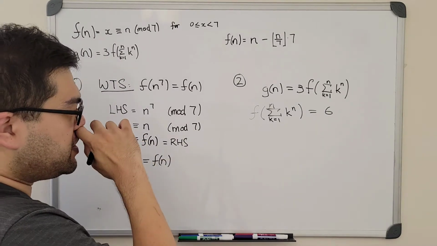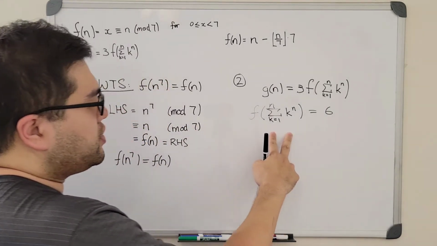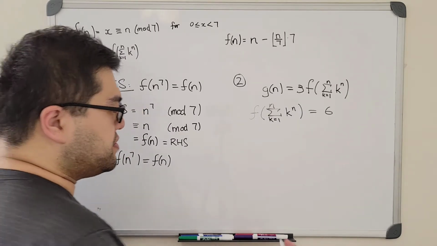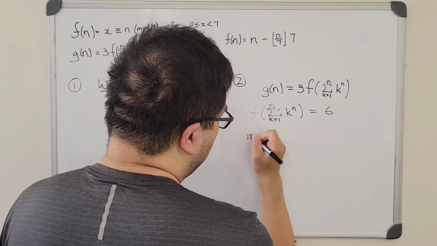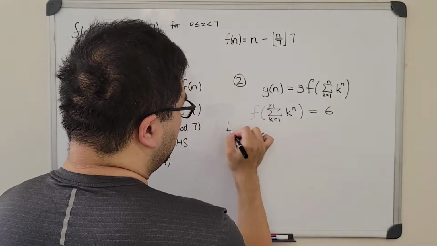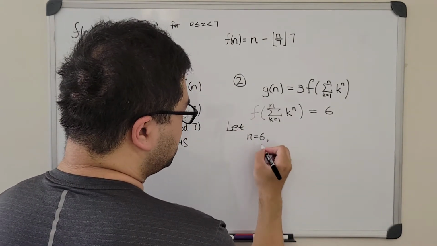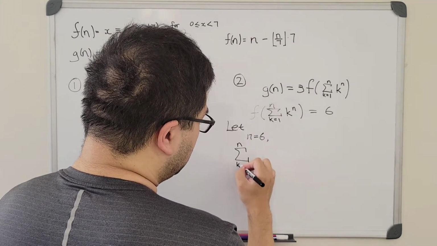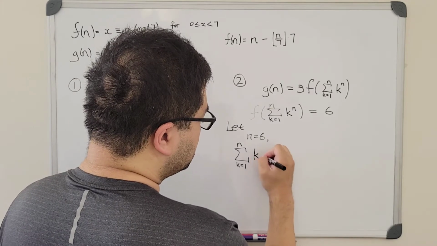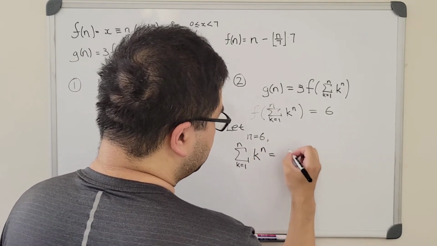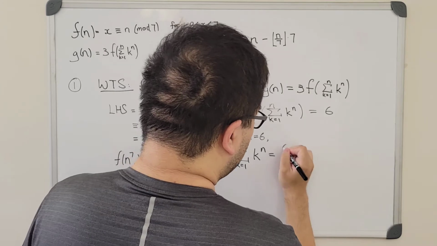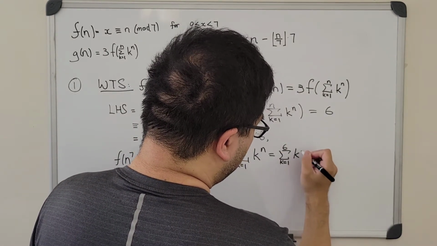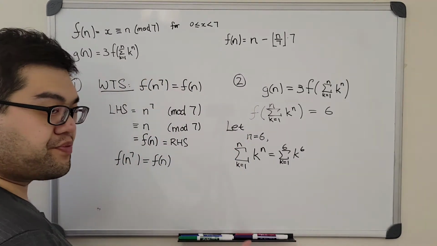What does that do to this? Well, if we want to maximize this, let's try to set n to be equal to 6. So if we let n equal 6, then this summation will be equal to the sum for k starting from 1 up to 6 of k to the 6th power.